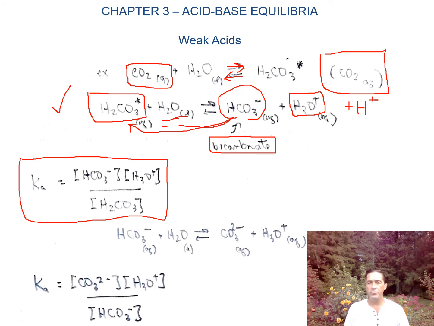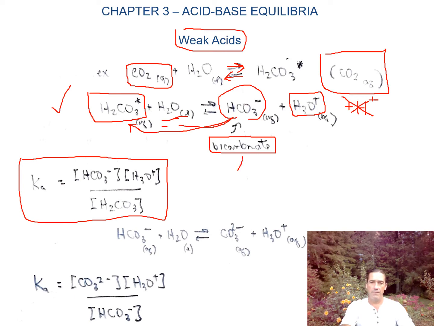It doesn't contribute to the pH as if we added it to pure water. So that's just a side note. I want you to think about that idea, because this is going to become important as to why we're interested in studying weak acids and bases. And the reason for that is because they help regulate the pH, buffer the system, because they can absorb H plus and hydroxide if added to the system.